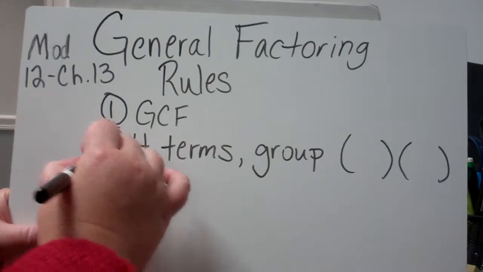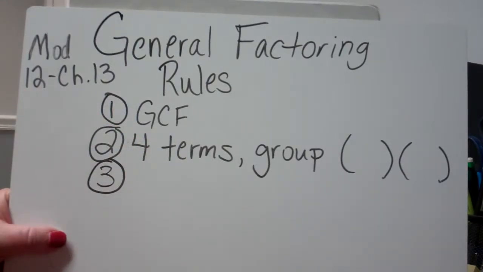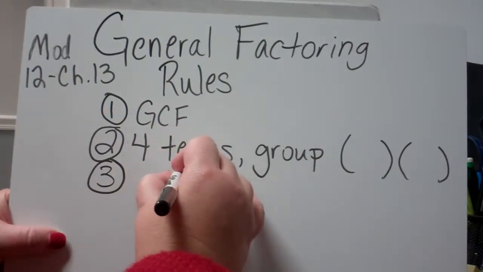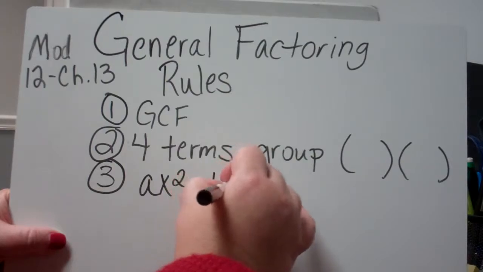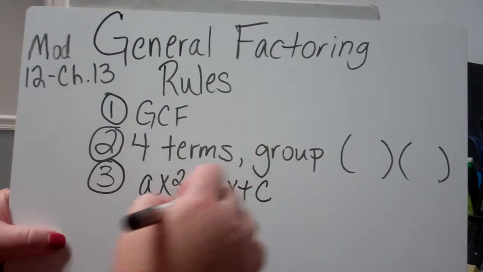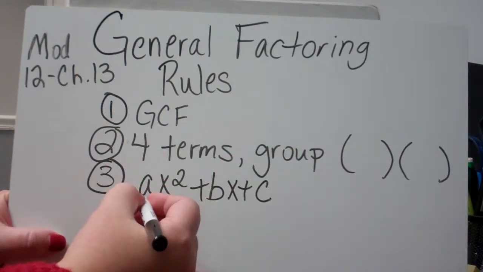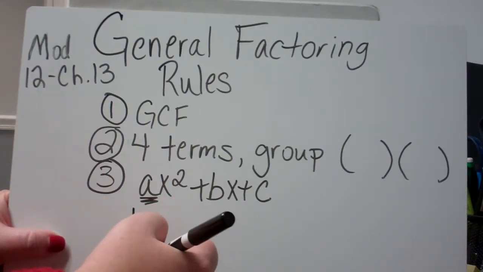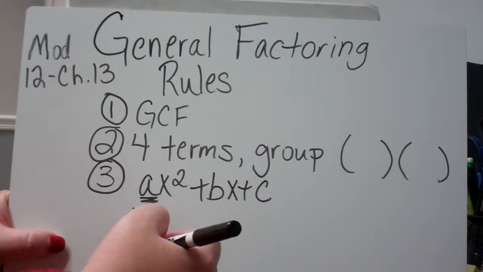Next, you're going to have 2 different kinds of trinomials to factor. You're going to have one where this number is equal to 1. We know that's an invisible one.